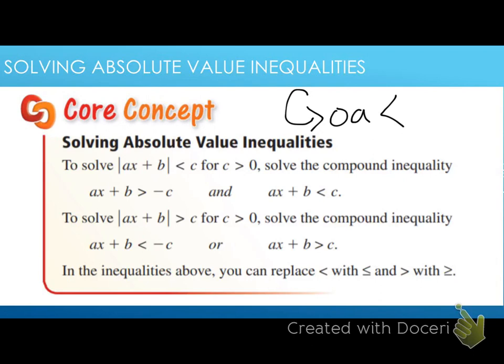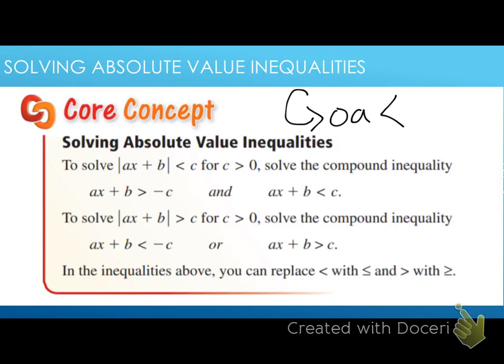If you notice, our inequality symbol here is less than, correct? If your original symbol starts off as less than or equal to, find less than on the word goal. What letter is it next to? A, it's going to be an and compound inequality. Does that make sense? Everyone got that?